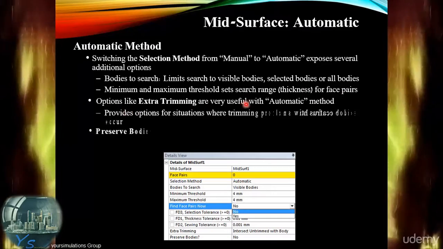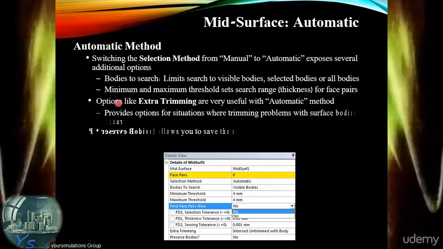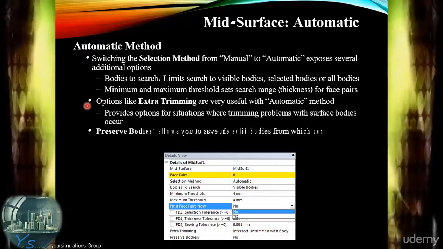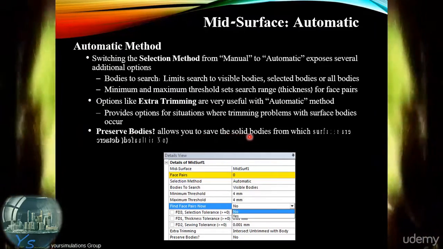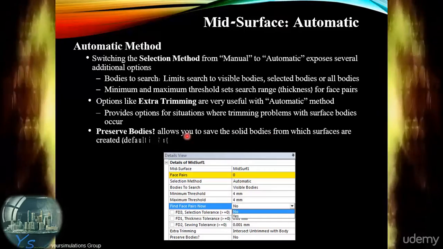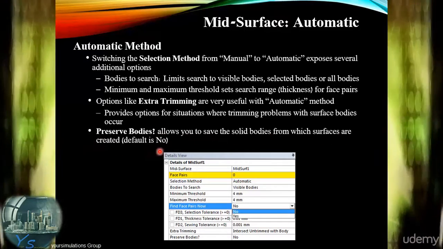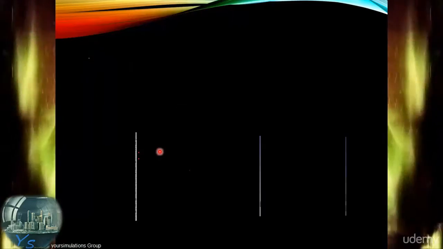There are some options for trimming which are useful, and also there is an option to preserve bodies, which will allow you to preserve the pre-existing solid from which the mid-surface body was created.